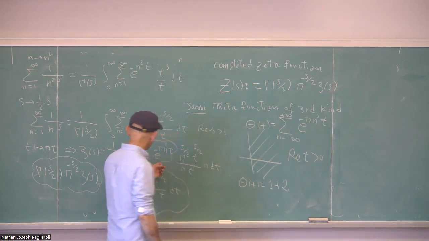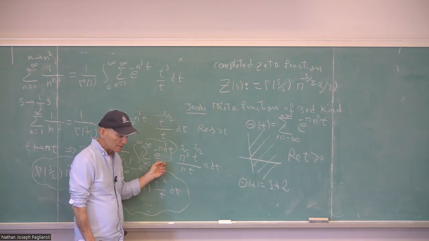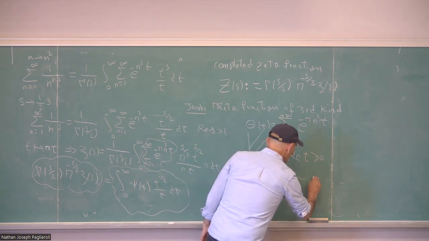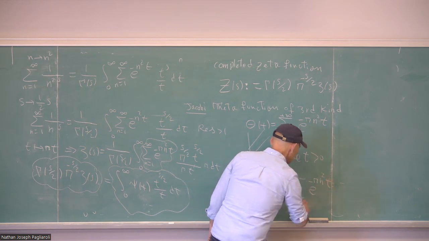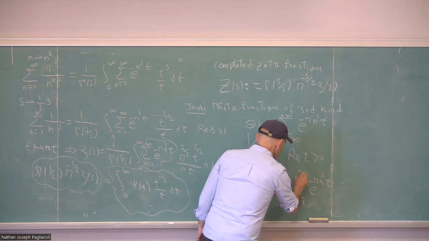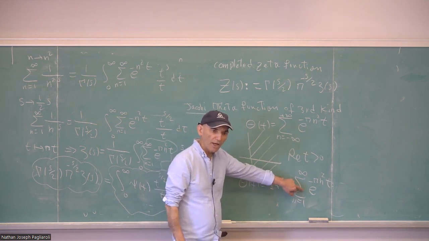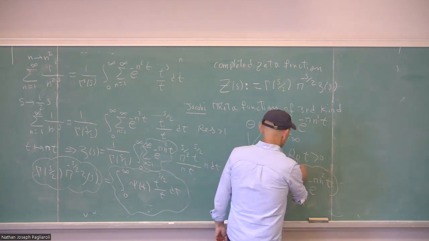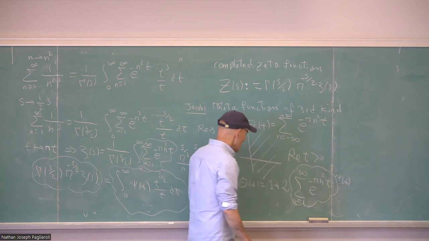And in fact, this is what Riemann had: the sum of exponential of minus pi n squared t, from 1 to infinity. You agree with me, right? And this is Riemann's psi of t.